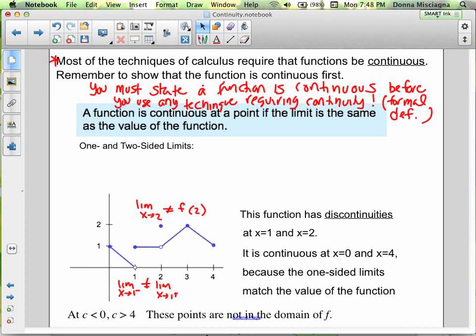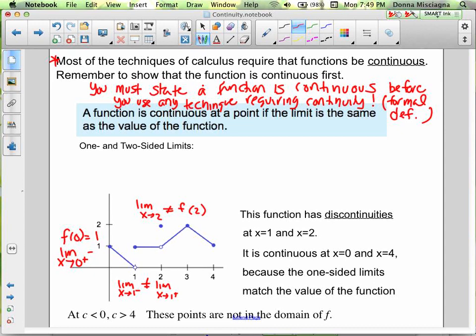All right, so let's take a look at our one and two sided limits here. Let's take a look at where we might have some discontinuities. This function has discontinuities at x equals 1 and x equals 2. It's continuous at x equals 0, because the value of the function, f of 0 equals 1, and the limit as x approaches 0 from the right-hand side is also 1.